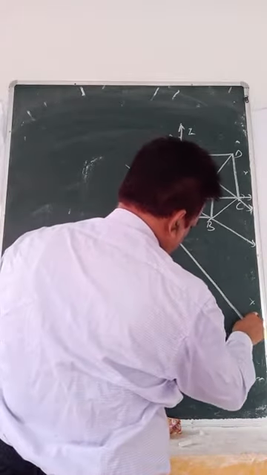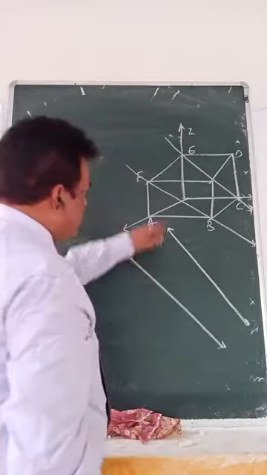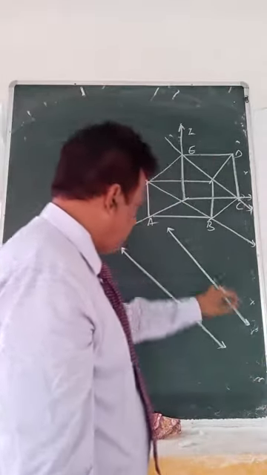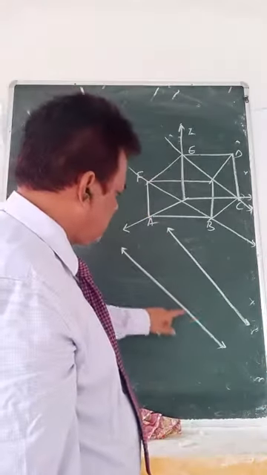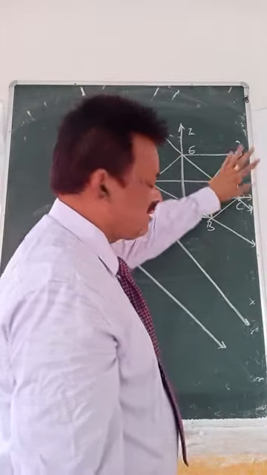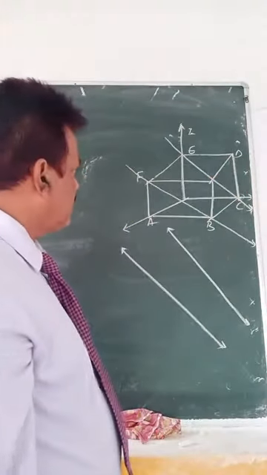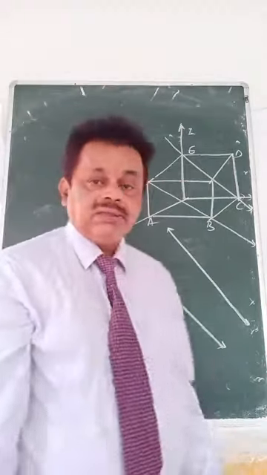Non-coplanar lines. When you find this situation, they are neither intersecting nor parallel. It is not parallel because here the length is more, it is less here. Okay, so what you find, they are called skew lines.